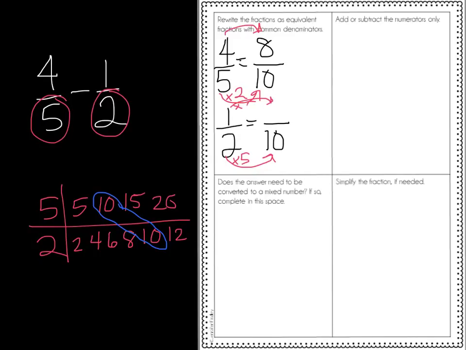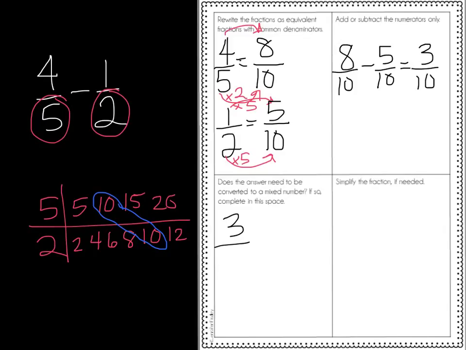I must do the same to my numerator. And so now I have 5/10. I can rewrite my problem as 8/10 minus 5/10. Now that my denominators are common, I can simply subtract my numerators. My answer is 3/10.